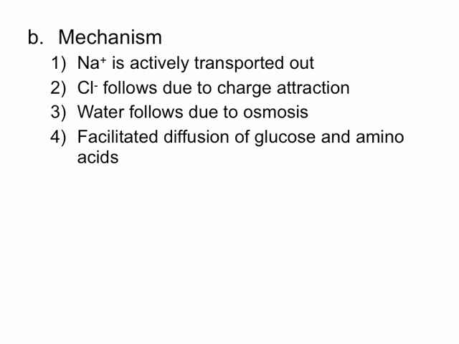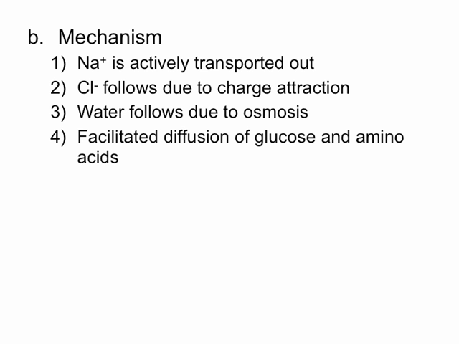The mechanism behind this involves a little bit of processing. The sodium is going to be actively transported out of the cells and into the interstitial fluid. Chloride is going to follow. Chloride follows simply due to a charge attraction. So chloride is going to be attracted to the sodium.